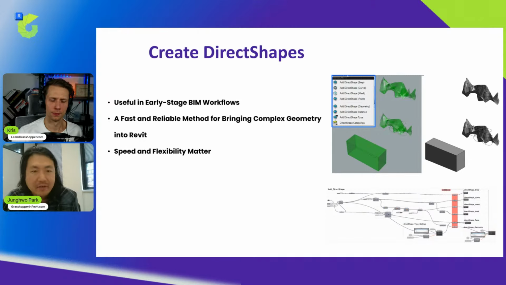In this case, direct shape is useful because you can convert different geometry, from points to as far as mesh. So different typologies of geometry you can bring into Revit as a Revit readable element. And you can, of course, feed parameters, because we can categorize a direct shape as a Revit category. This enables a very fast and reliable method to bring complex geometry into Revit without strong effort.